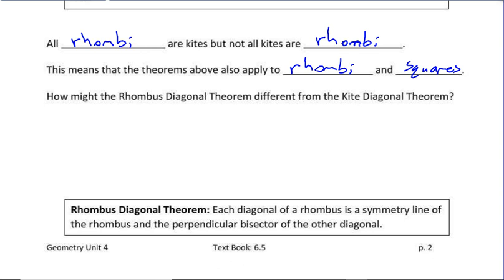Since all of the sides are congruent, the rhombus diagonal theorem says that each diagonal of a rhombus is a symmetry line of the rhombus and the perpendicular bisector of the other diagonal. So the diagonals still meet at 90 degrees, but in this case both will bisect each other, and both are symmetry lines.